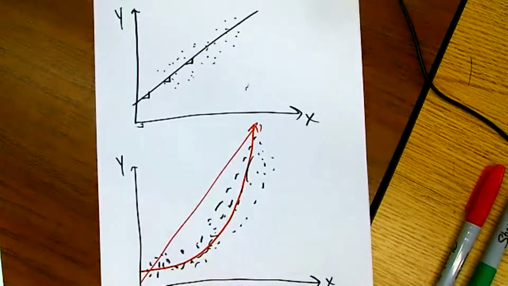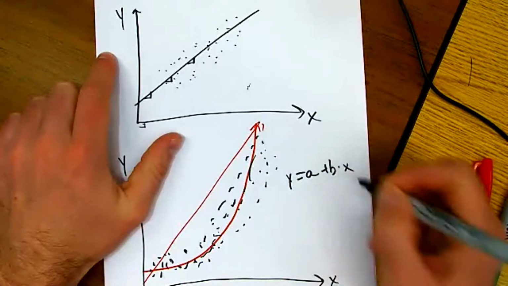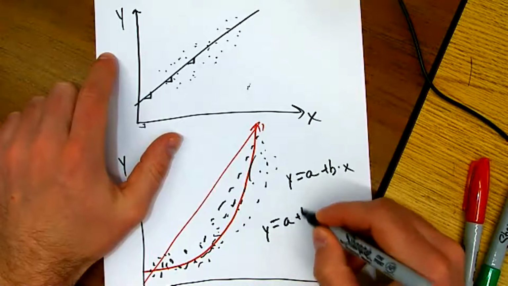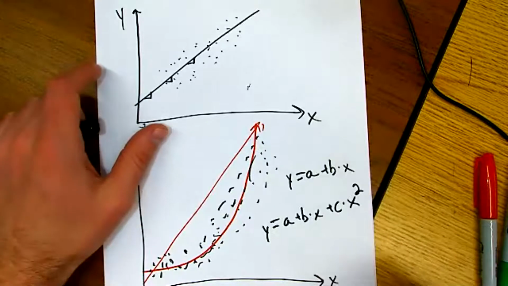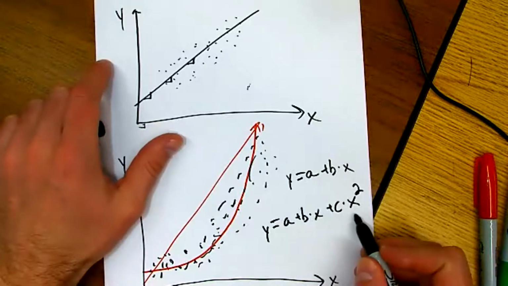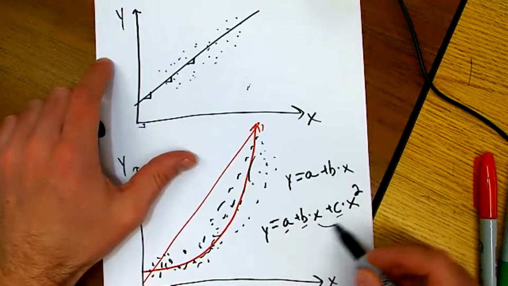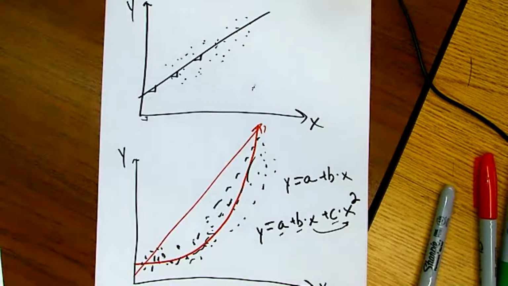For a linear line, we've got Y equals A plus B times X. If I want it to have some curvature, B times X plus C times X squared. These are really just my coefficient amounts. I can square X and include it as a separate independent variable in my regression.